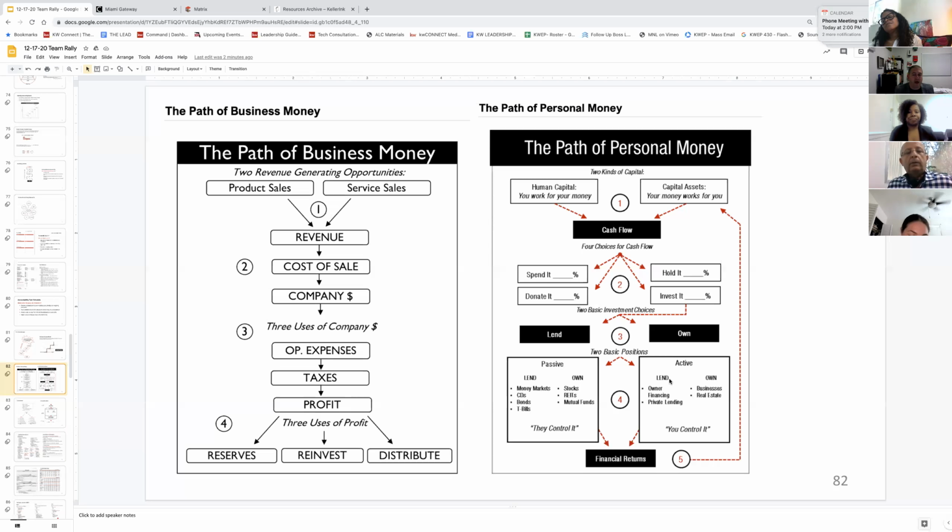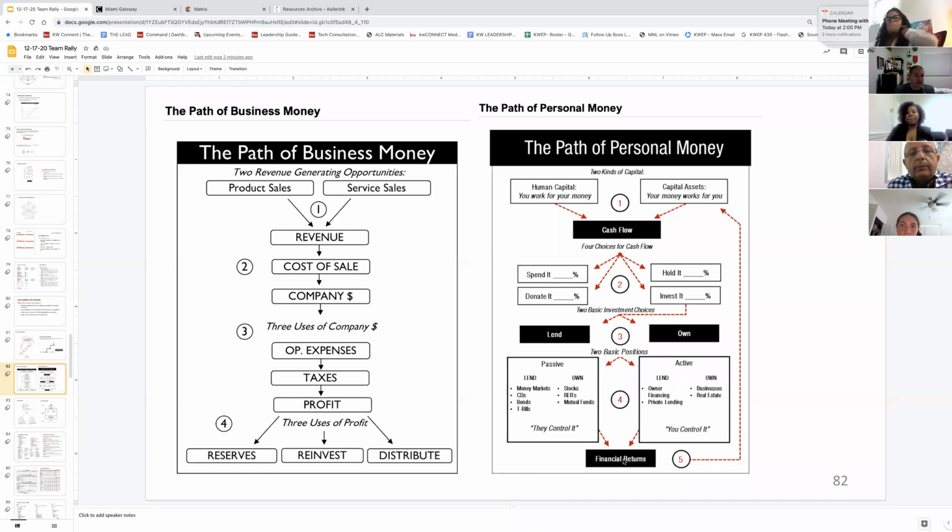The other way of investing is active. You can invest in financing or private lending, or you can own a business or real estate. Either way, you own these. Whether they're passive or active investments, they equal a financial return.